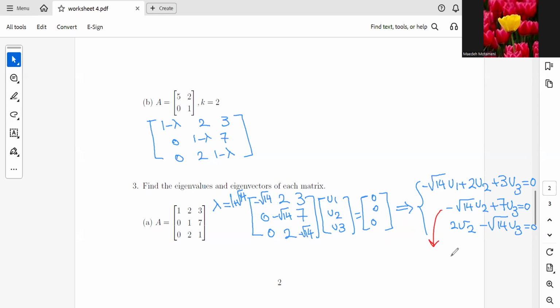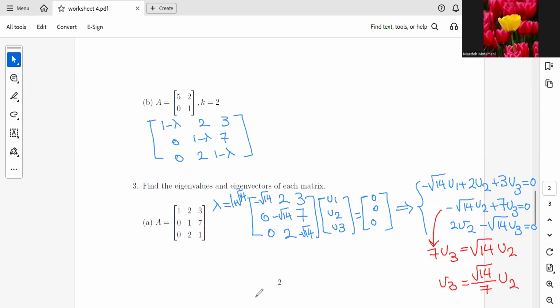From here, if you would like to find v3 in terms of v2, it's enough to write v3 equals square root of 14 v2. And from here, v3 will be square root of 14 over 7 v2. But if you pick the last one, that would be something else, but you need to multiply it by the conjugate, and after simplification, you would end up with the same equation. So they are related to each other with this coefficient.